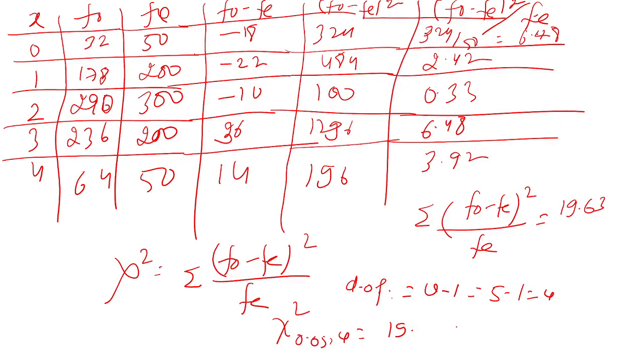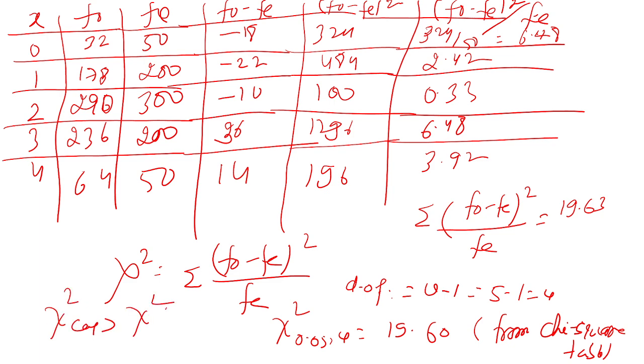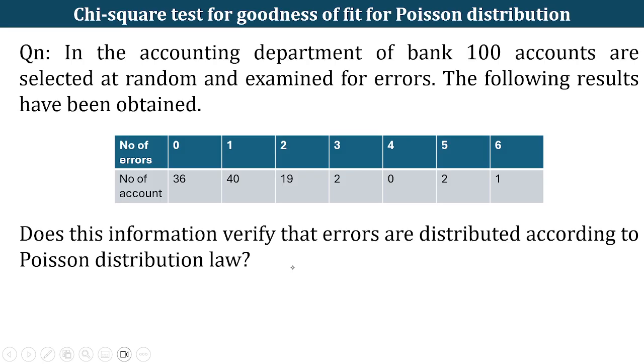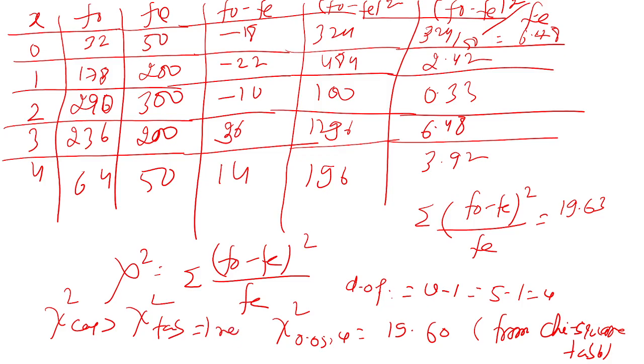If we check the chi-square table, it came 9.49. So chi-square calculated is greater than chi-square tabulated, so we reject the null hypothesis. Is it clear?